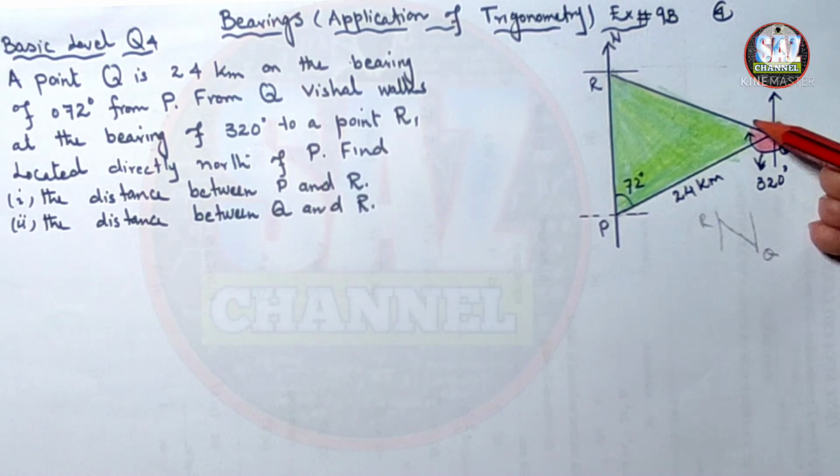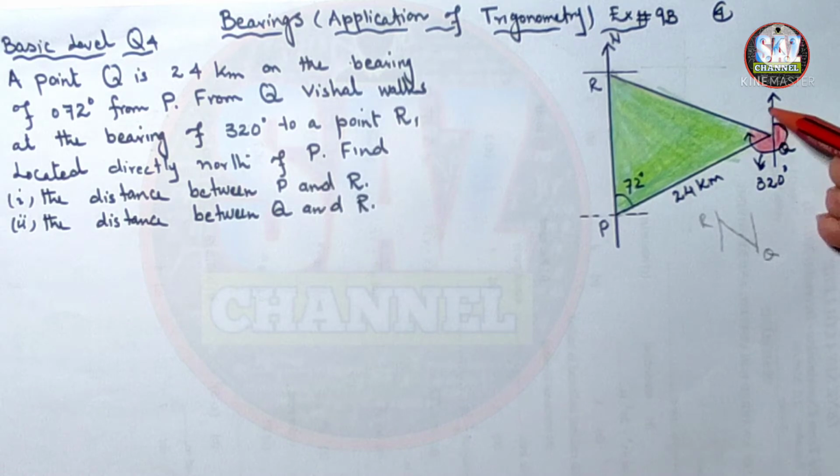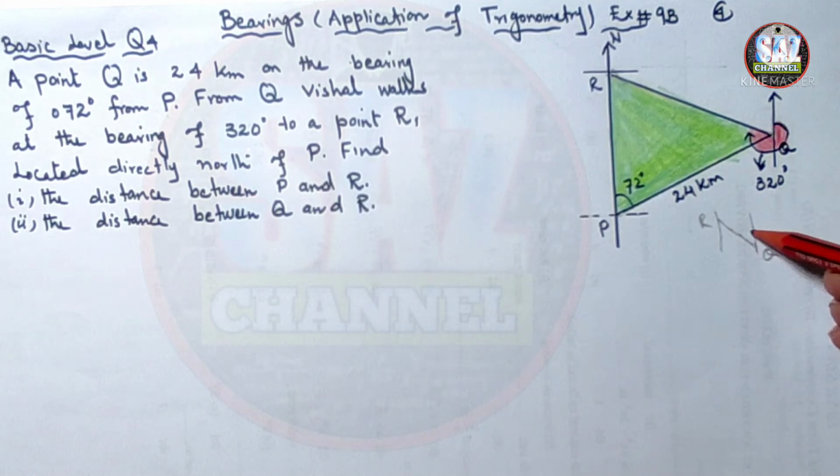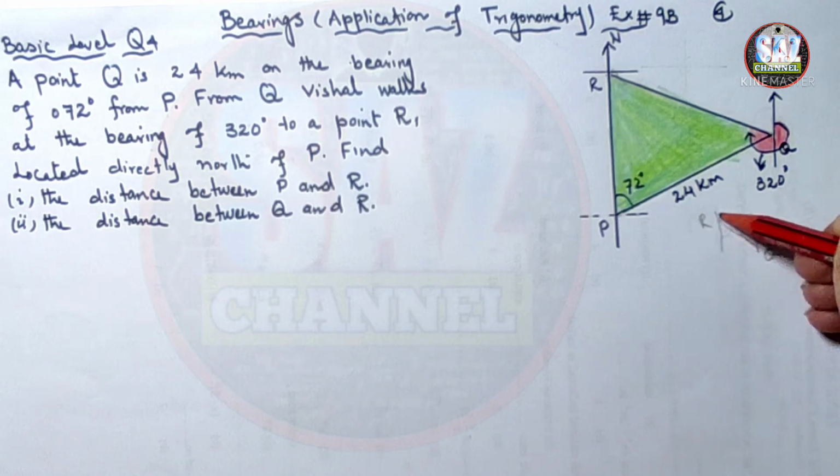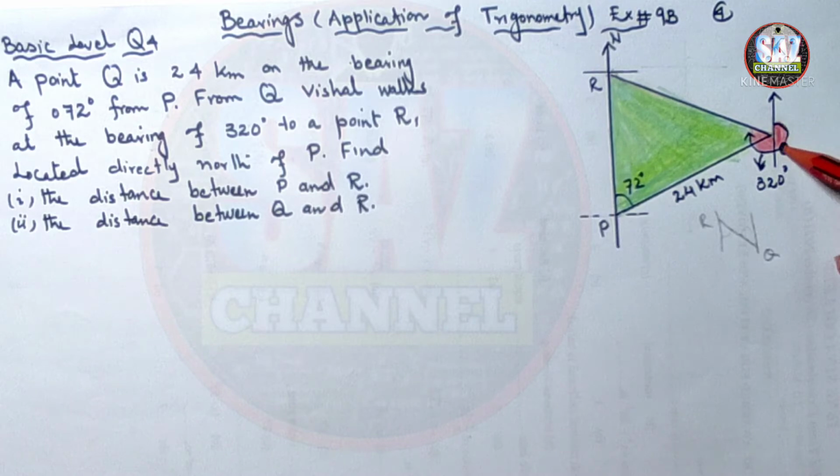So whatever angle is formed at this place, the same angle will be over here due to alternate angles and the formation of a Z. Now look, if this total turn is 320 degrees, how much will be left over here?